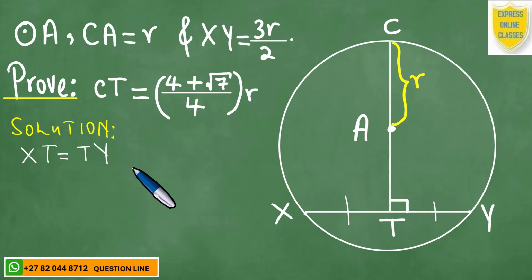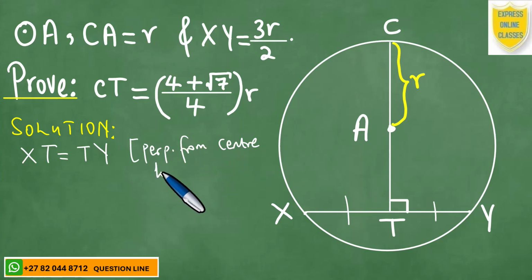Why? Because we know very well that a perpendicular from center to chord bisects the chord.